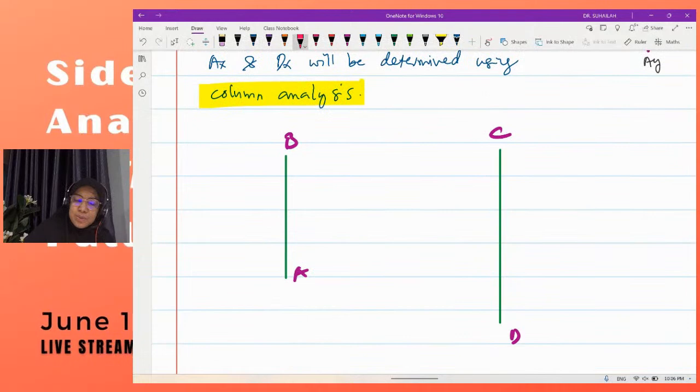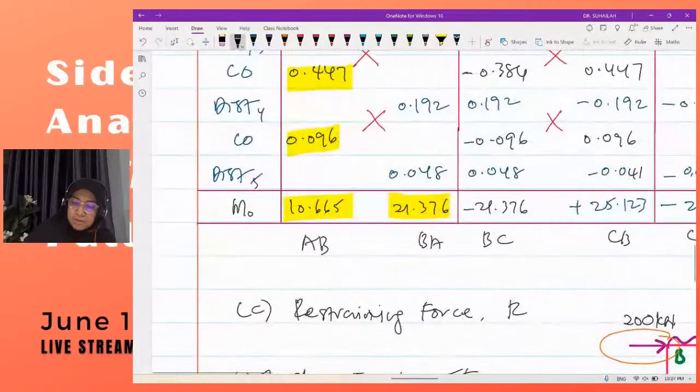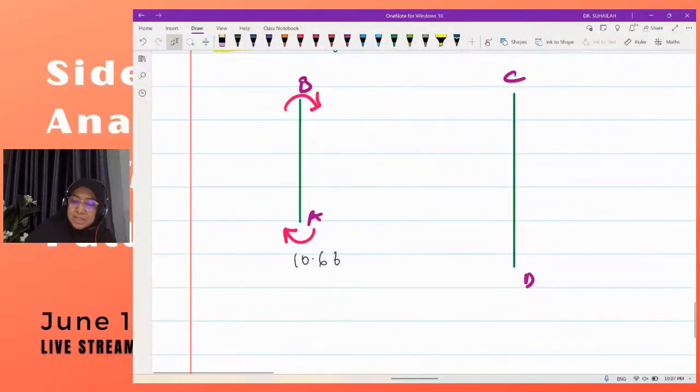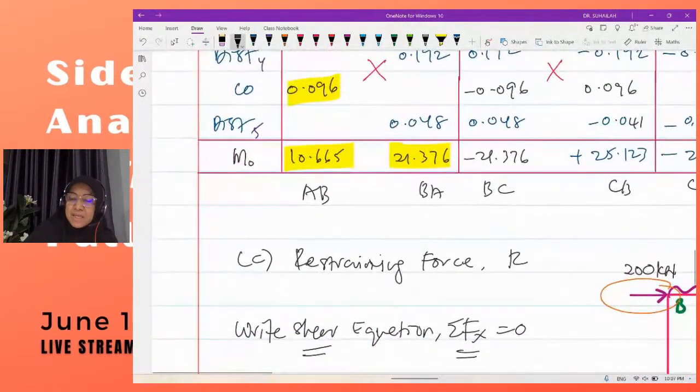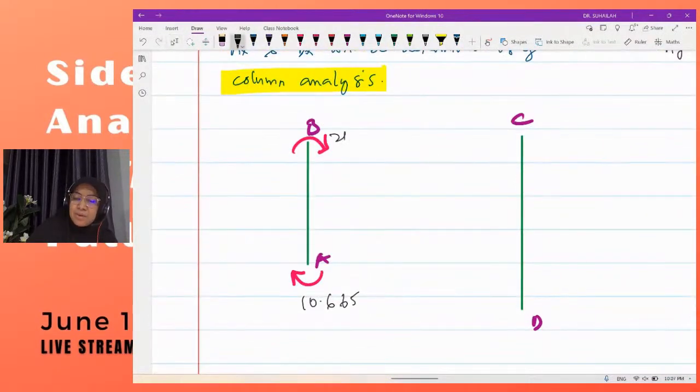So we have both positive moments. MAB is 10.665 in the diagram, and we have MBA 21.376.